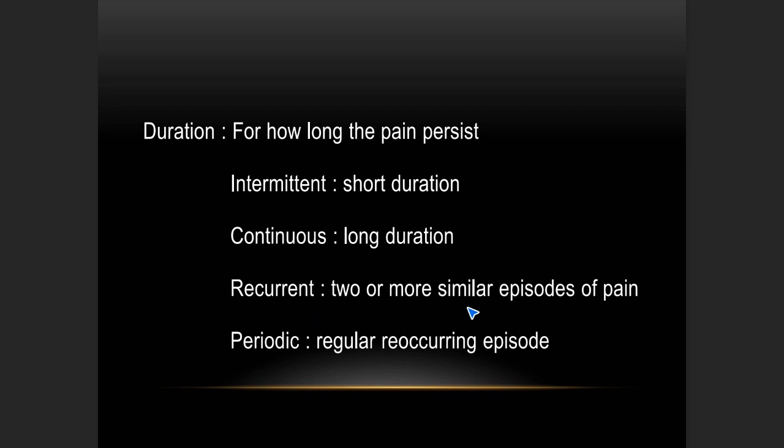Two or more similar episodes of pain, we call recurrent pain. Periodic pain is regular recurring episodes, occurring at a particular time. Always whenever I chew my food, I have pain. Always whenever I do this, I have this pain.